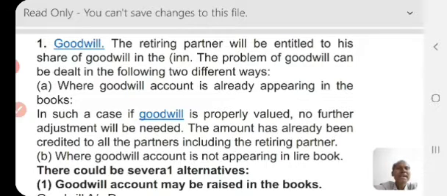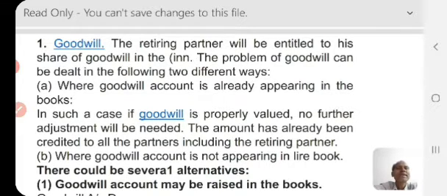In such a case, if goodwill is properly valued, no further adjustment will be needed. The amount has already been credited to all the partners, including the retiring partner.